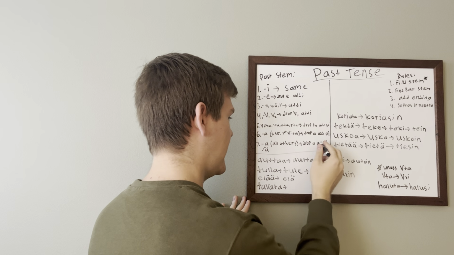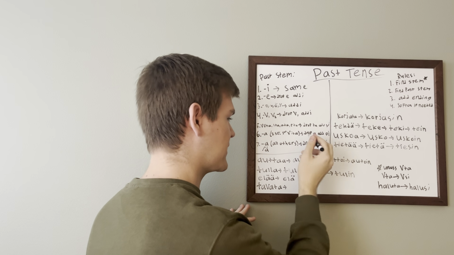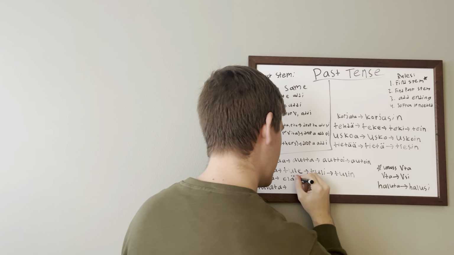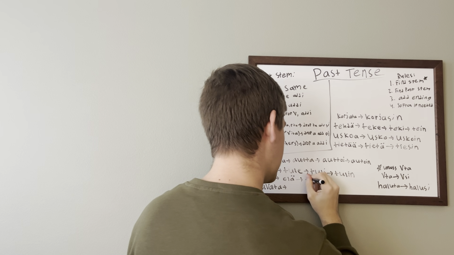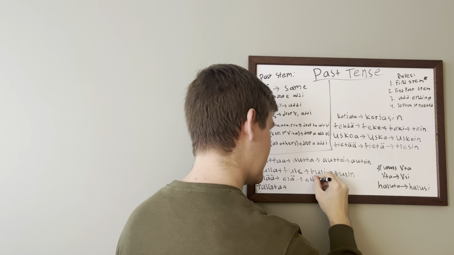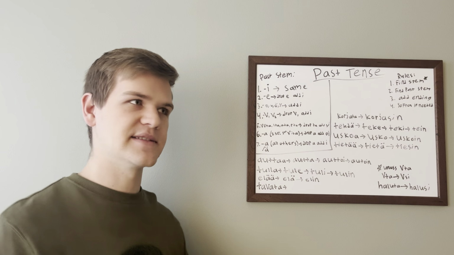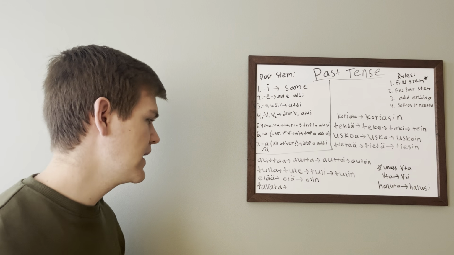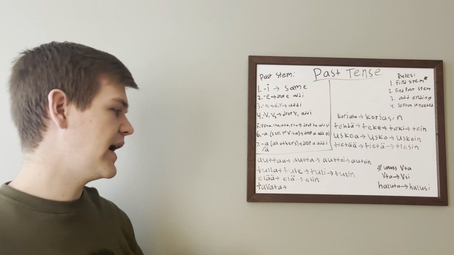So we're just going to drop the A and add I, which is going to be eli. And then we can just add the N right onto the end, elin. So elin is I lived. Ela, to live. Elin, I lived.